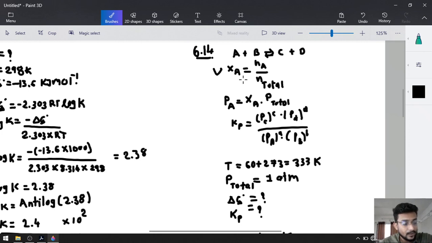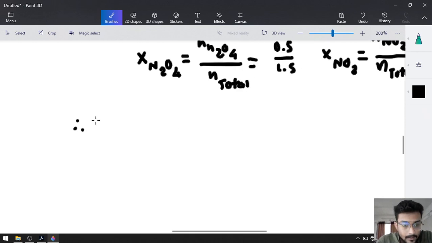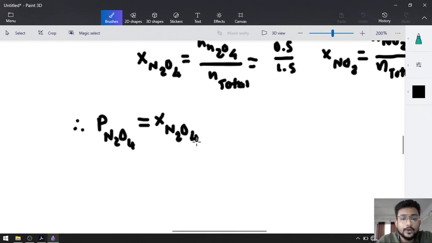Now we are going to calculate partial pressure of reagent and product. So PN2O4 will be equal to mole fraction of N2O4, that is X N2O4, into total pressure P total.